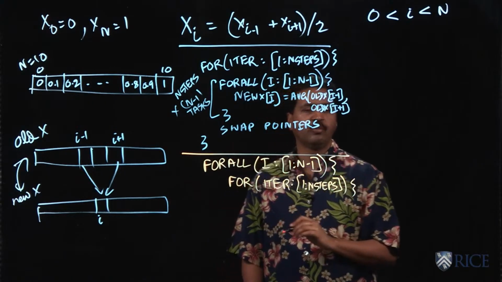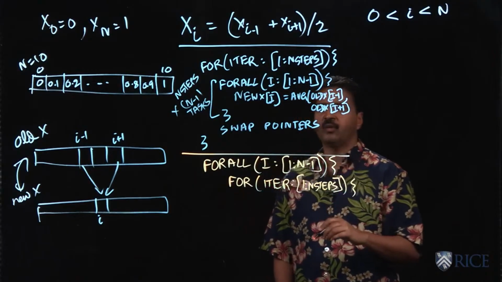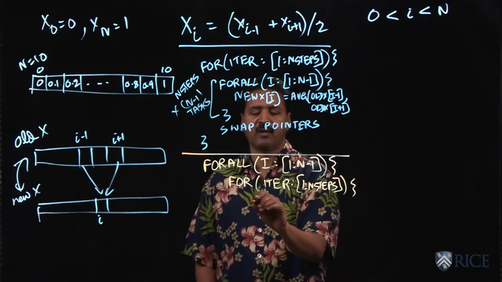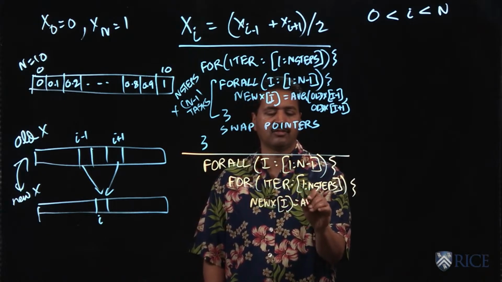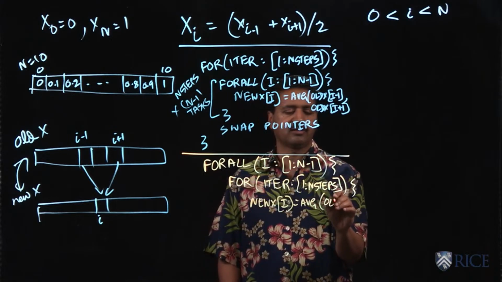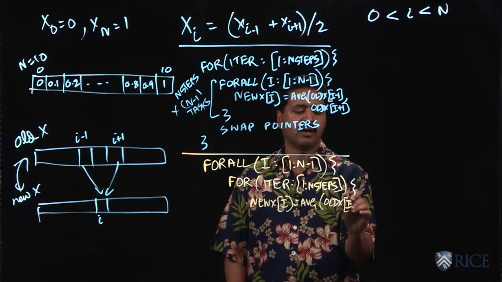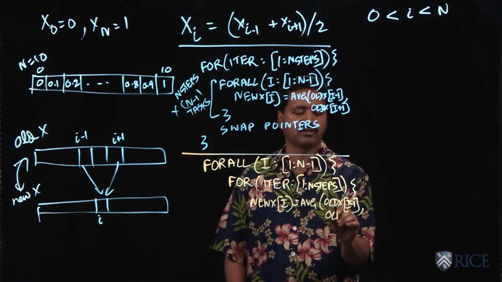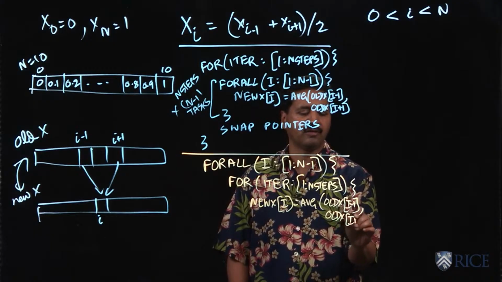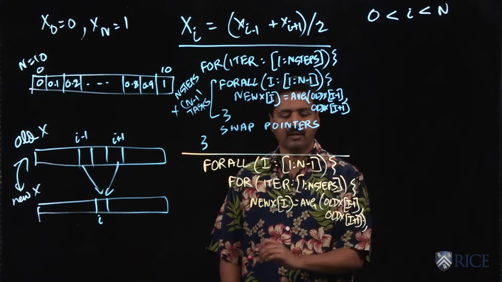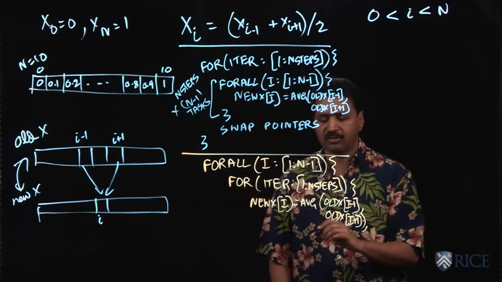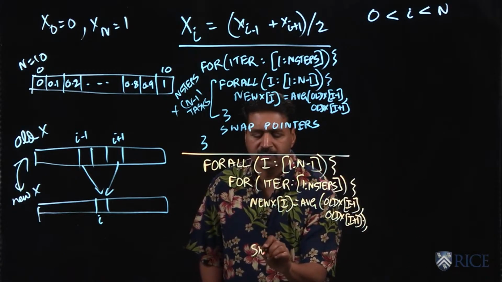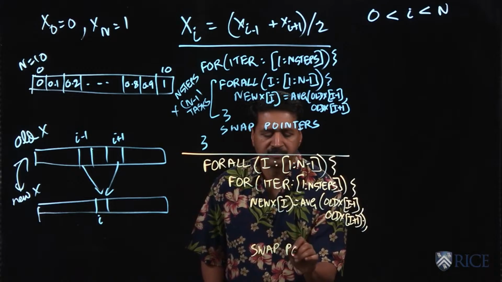You have the sequential loop, and then within the sequential loop, you can perform this update for i, which is the new x sub i equals average of old x i minus 1 and old x i plus 1. And now here's the challenge. You want to swap the pointers and go to the next time step.